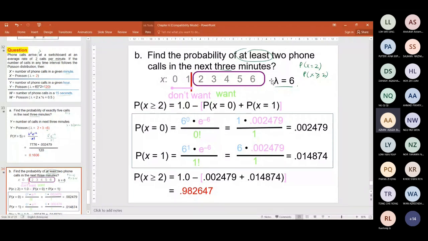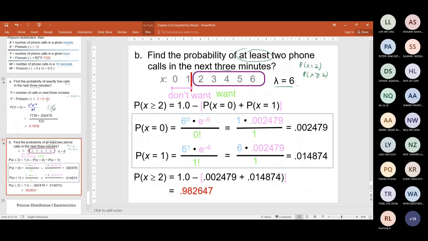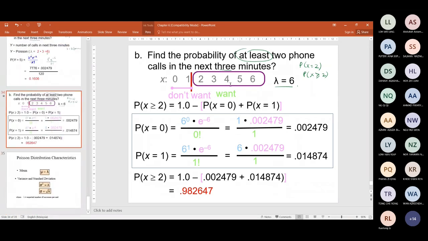Stop until 6 only. No 7, 8, no more. So why do you think it's only until 6? No respond. Because of the lambda.